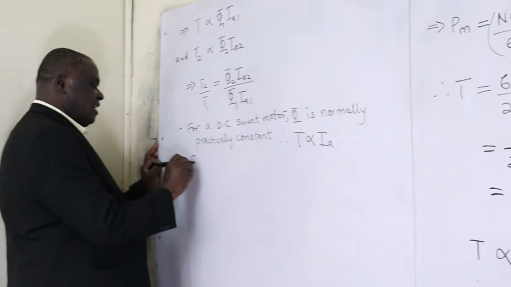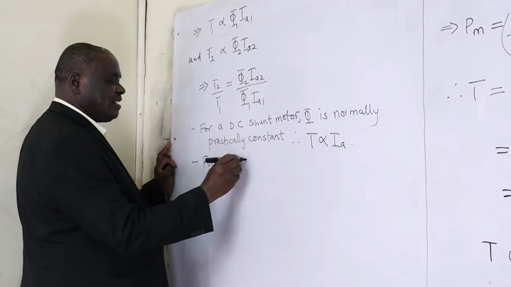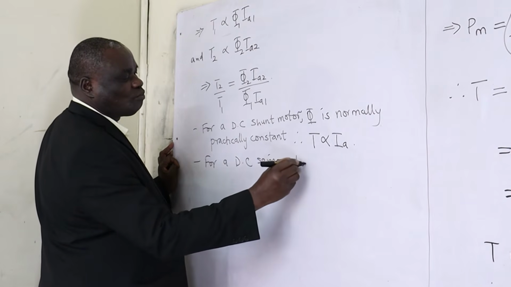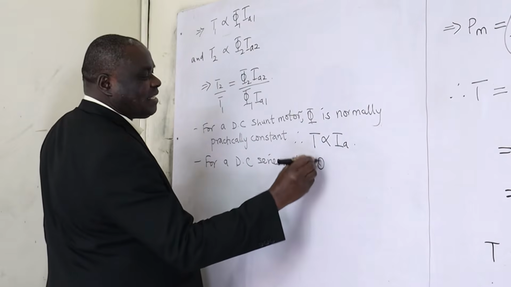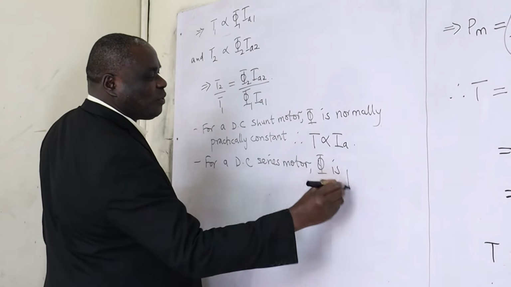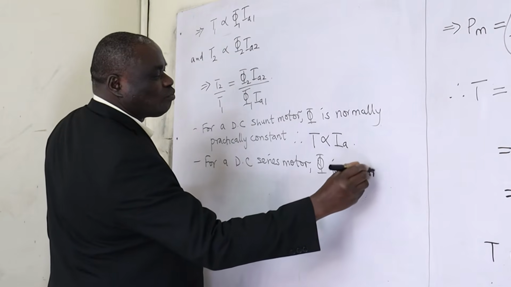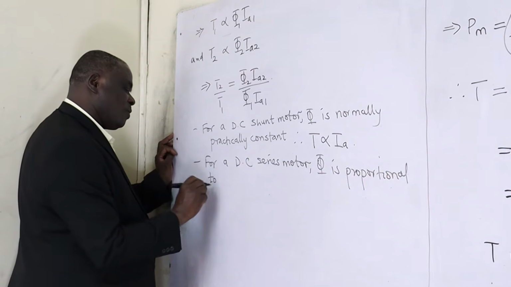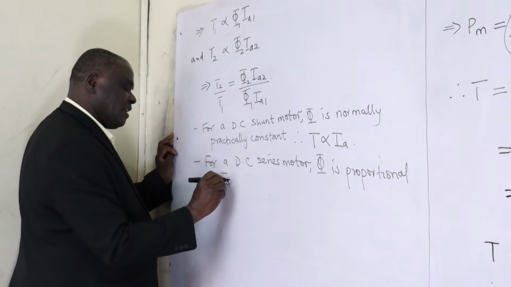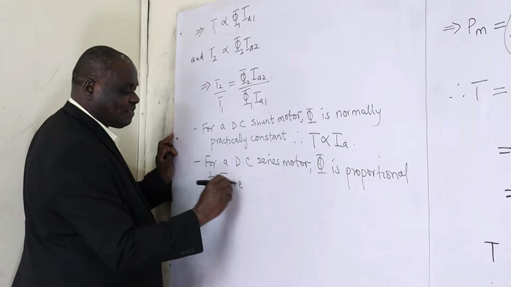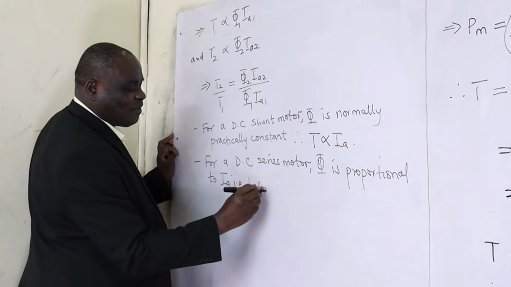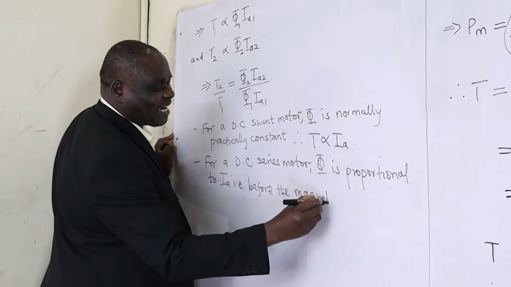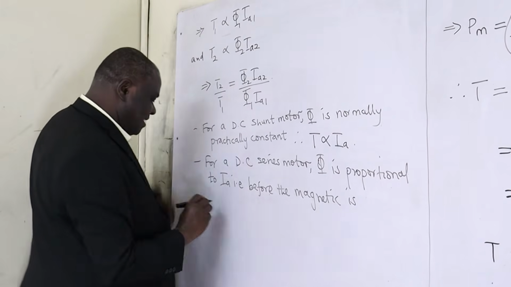For a DC series motor, phi is proportional to IA, that is before the magnetic circuit is saturated.